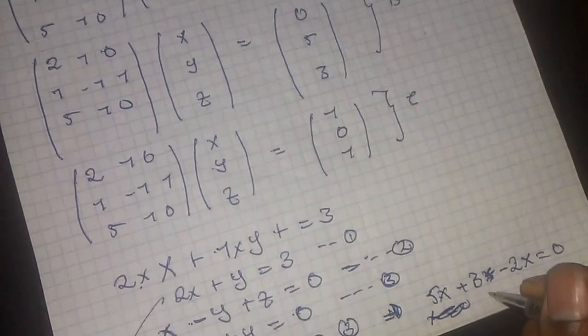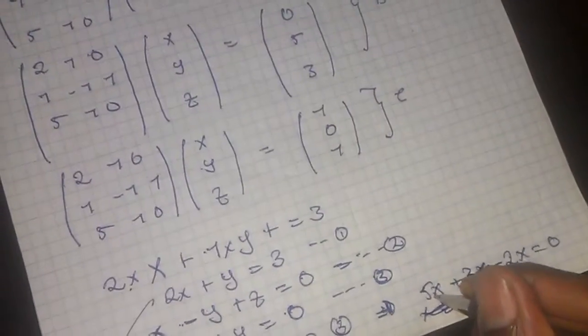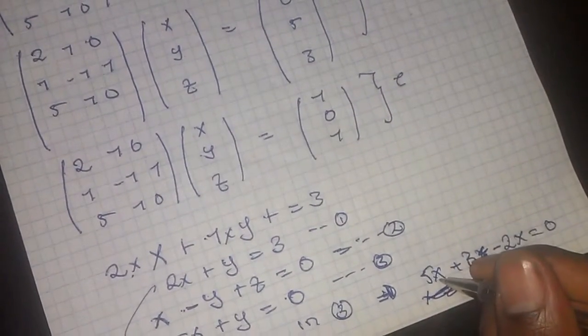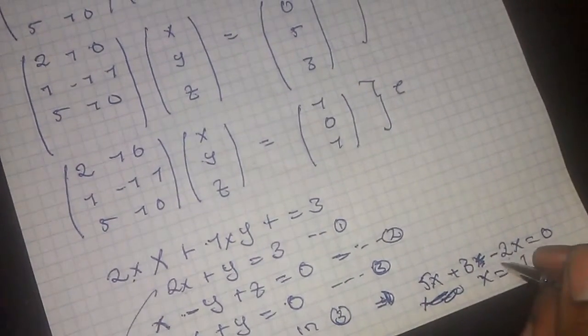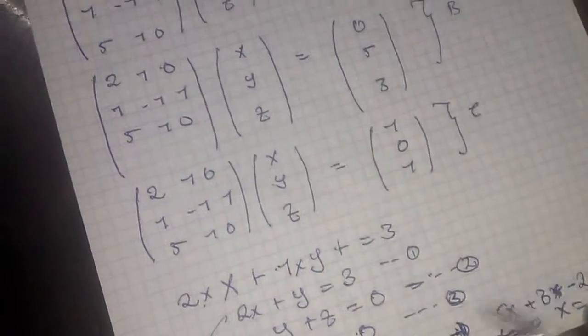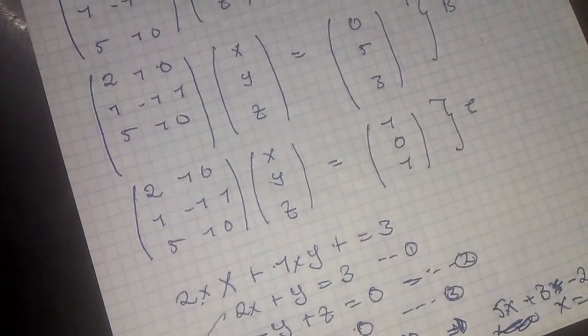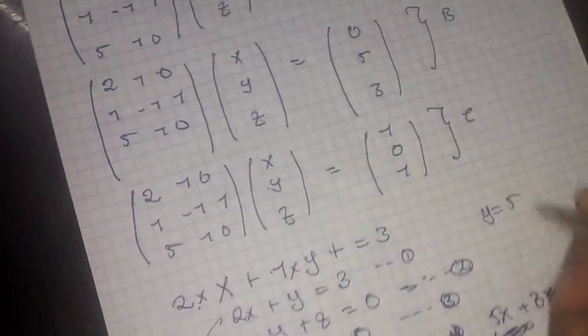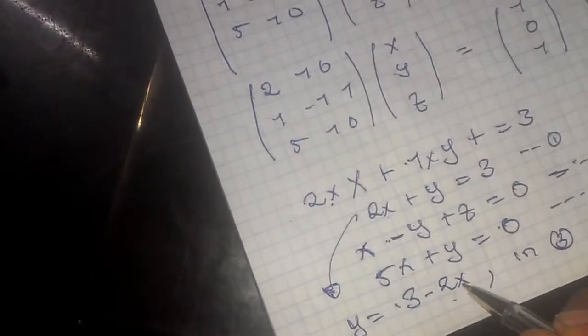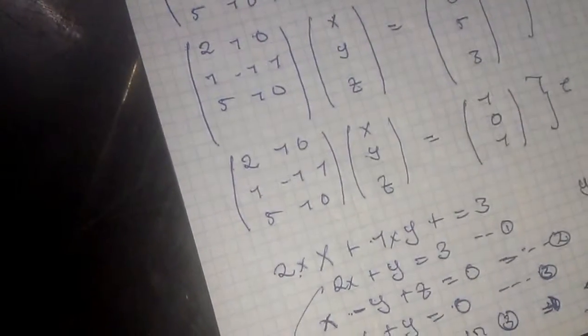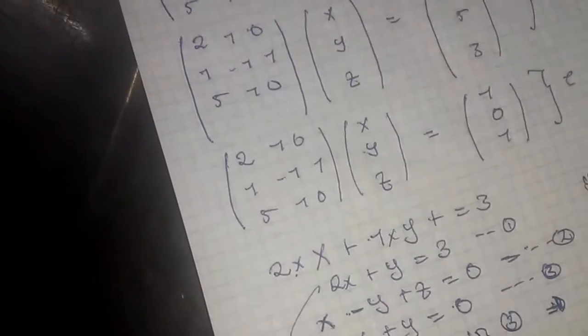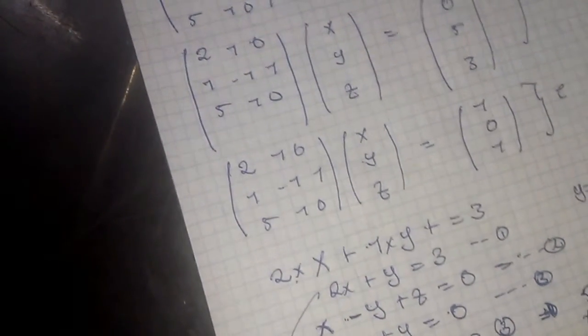So we have x equals negative 1. From here we substitute, so y equals 5, because we put negative 1 here. Now we put x equals negative 1 in the second equation: negative 1 minus 5 plus z equals 0. Therefore z equals 6... I mean, z equals negative 4 as derived.